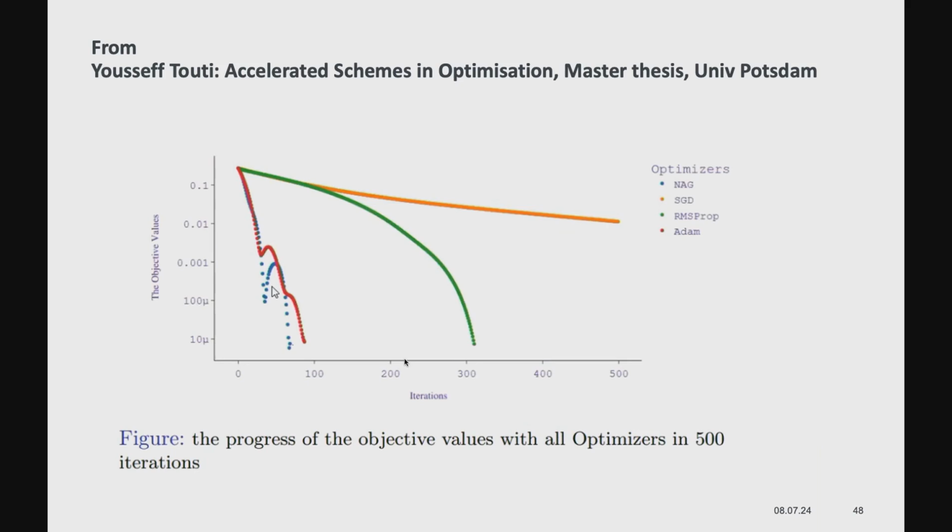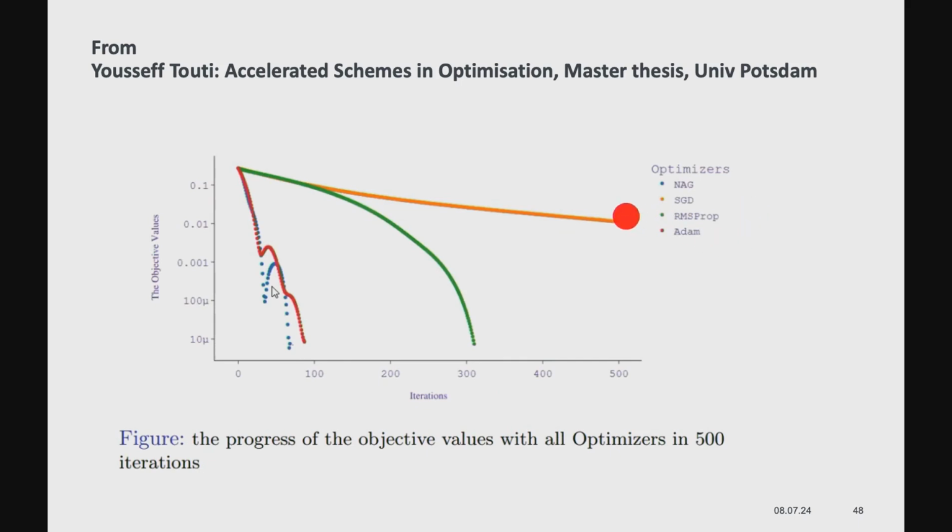This is a nice figure from a student. I think it was his master thesis, Yusuf Tuti. And I really like this figure. So he compared in a specific setup the progress towards the objective values with different optimizers.